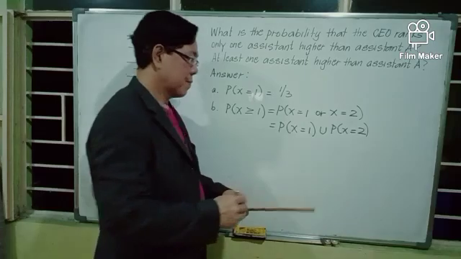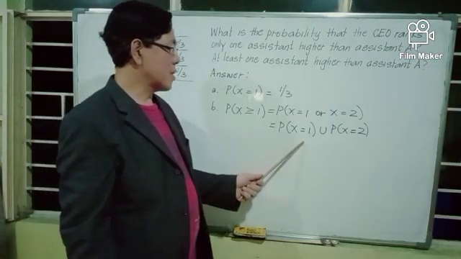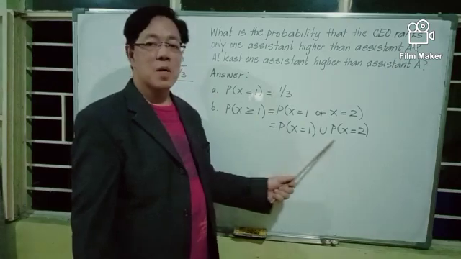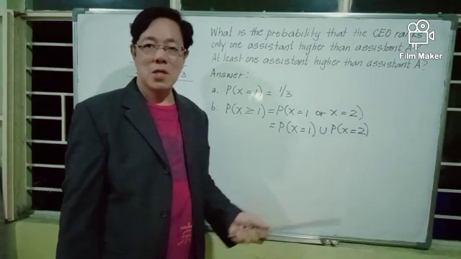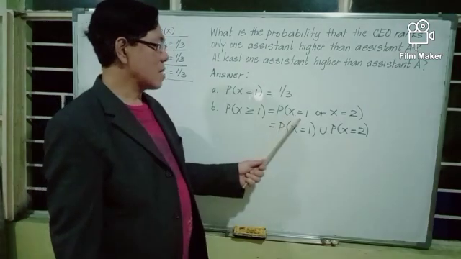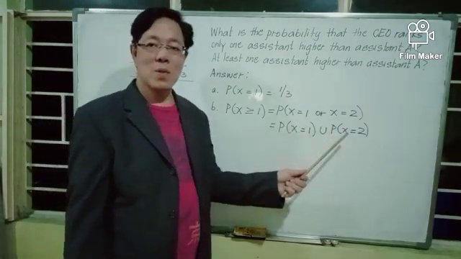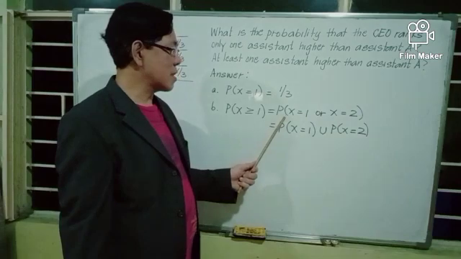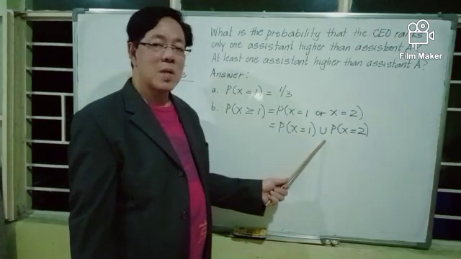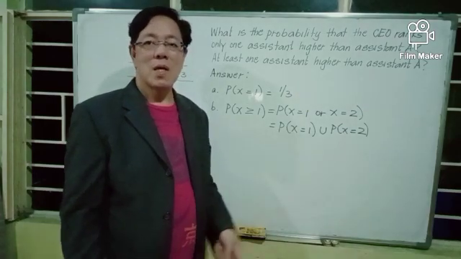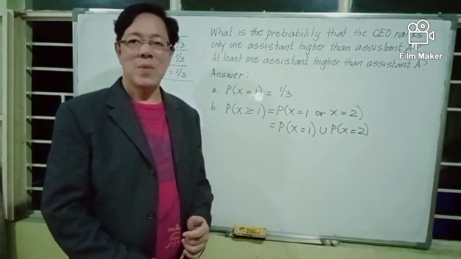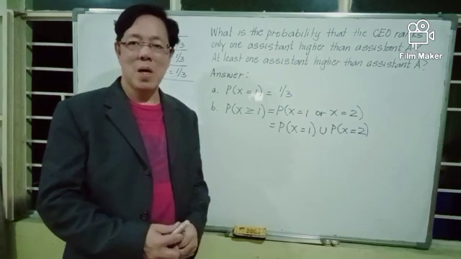To get the union of these two probabilities, we use the addition property of probability. The probability that x is 1 or x is 2 is equal to the probability that x is 1 plus the probability that x is 2. That's the addition property for probability.